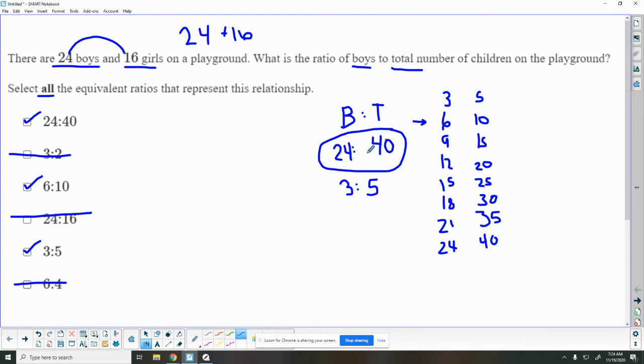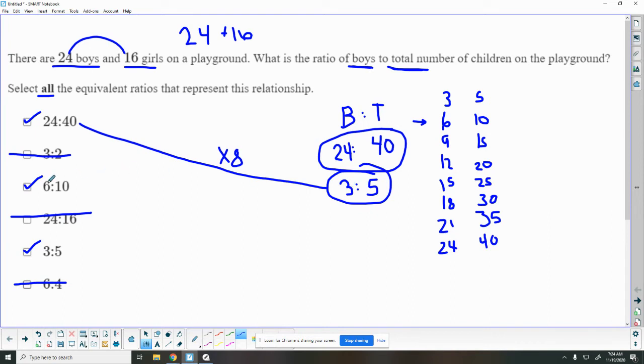Another way to do that is I can find what the problem asked for, boys to total. Then I can simplify still. So I'm going to get to the same point, 3 and 5. And I'm going to ask myself, can I get to 24 counting by 3s? So 3 to 24 is times by 8. 5 times 8 is 40. So to get here, we times both 3 and 5 by 8, and they were equivalent.